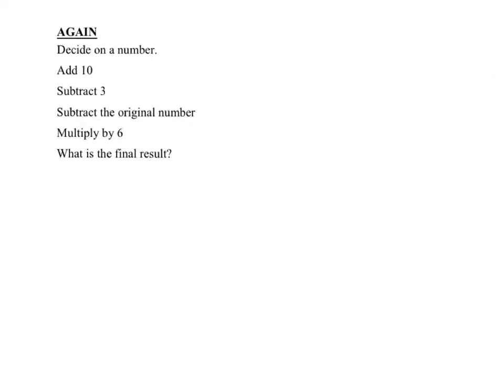Okay, so shall we do this one all together? Decide on a number. You pick your number. I'm going to call it A, for Awesome Angie. Then I'm going to add 10 to it. And then I'm going to subtract 3.